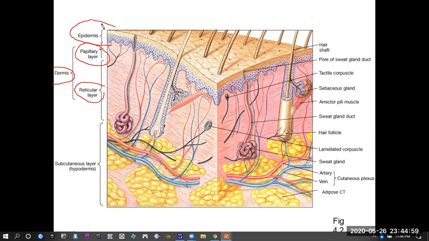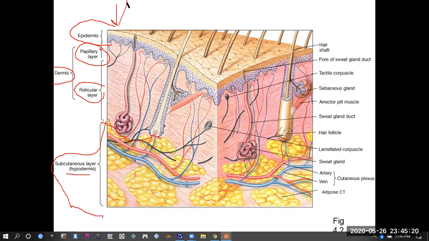Once we completely remove the cutaneous membrane, there's a deep underlying layer known as the hypodermis or subcutaneous layer. Truly not considered to be a layer of the skin, but this underlying cushion, and we'll touch on it due to the proximity to our skin.